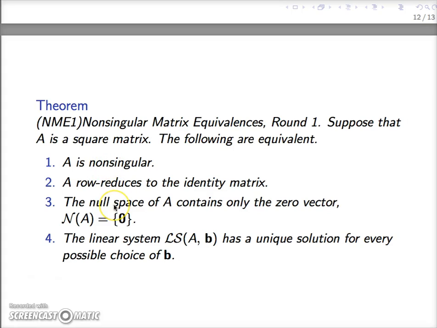A non-singular implies the null space has only a zero vector, and that also implies that a linear system with that matrix as the matrix of coefficients will have a unique solution for every single choice of the vector of constants. So all these four statements are equivalent to one another, and each of them implies the other three.